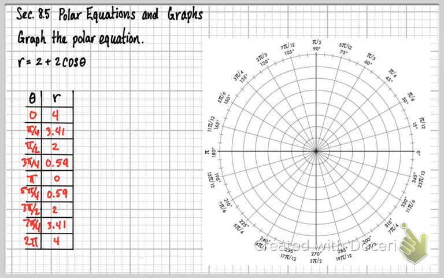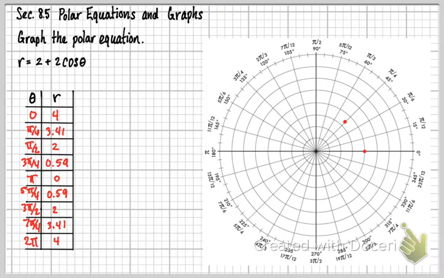So at the angle 0, which is straight across here, it's going to be 4. So 1, 2, 3, 4. There's my first point. And then from there, I'm going to keep going. The next one at pi fourths, which is here, is going to be 3.41, so a little less than 4.